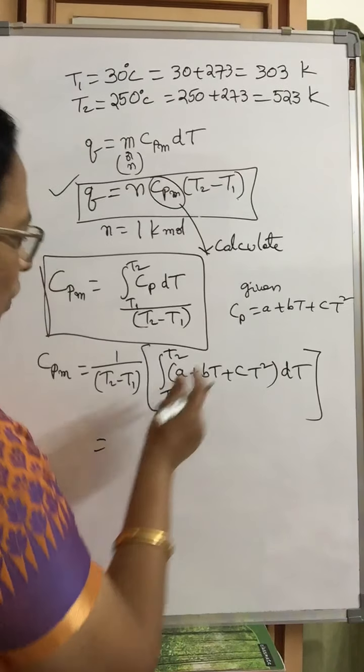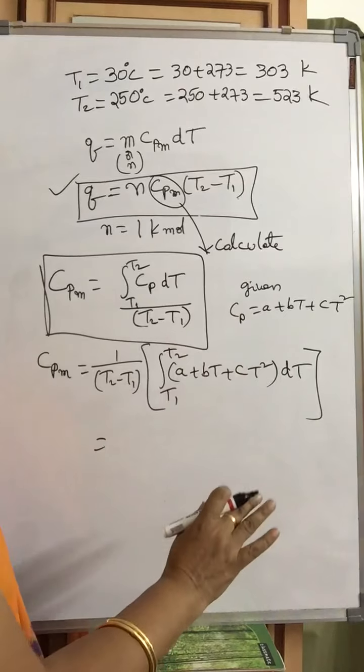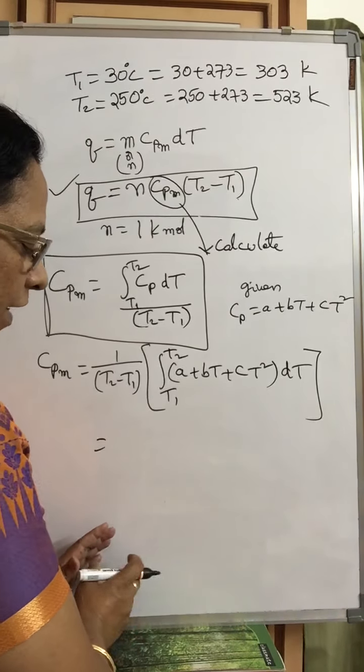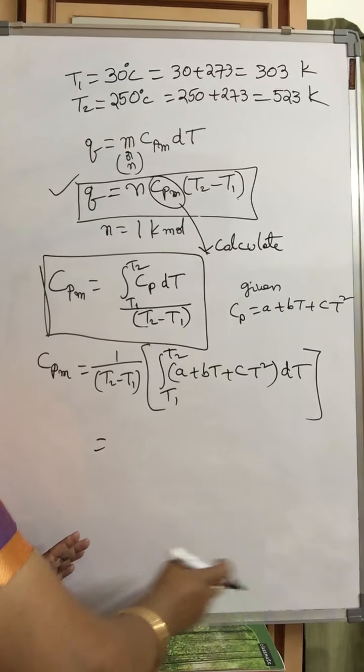Next, you keep the A, B, C values like that only. Don't substitute numerical values. First we will try to get the simplified equation.